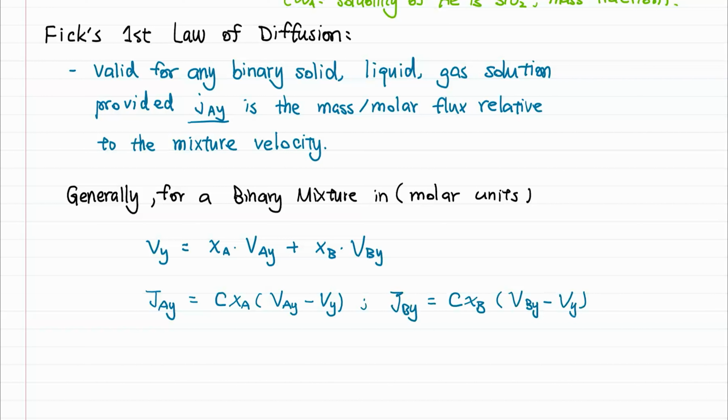Okay, and as a homework, you would actually show that the diffusivity of species A and B will equal the diffusivity of species B and A. Maybe we would do this as a homework assignment.